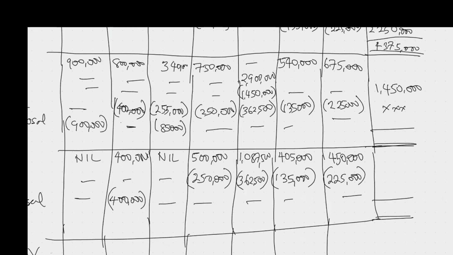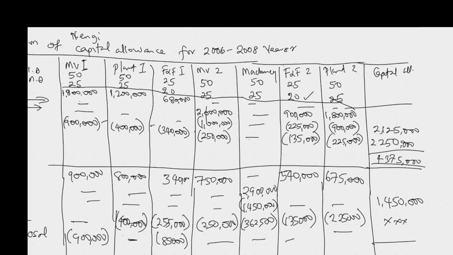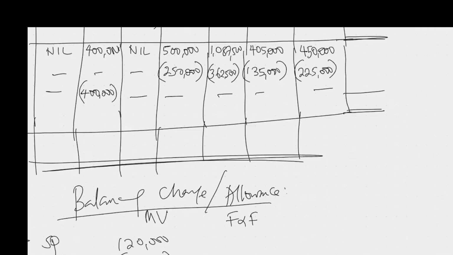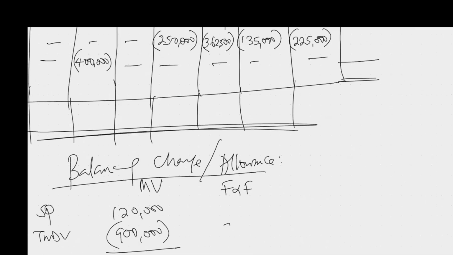They sold furniture and fitting for how much? 55,000. Our tax written down value at disposal was 85. That's also balancing allowance.